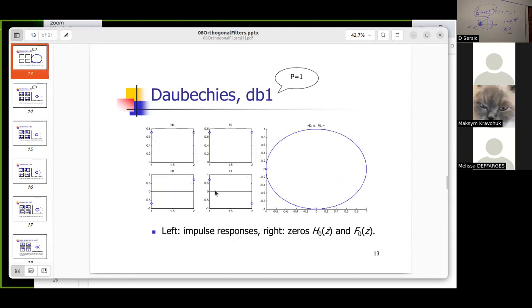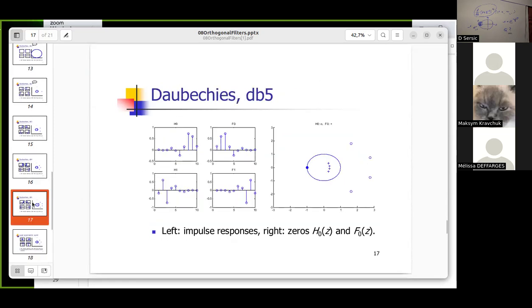The only one which is actually symmetric is dB1, of course, because the square root of 1/2 is 1 over square root of 2, and it can be easily split in 2 symmetric filters. All the others are, let's say, pretty much asymmetric.